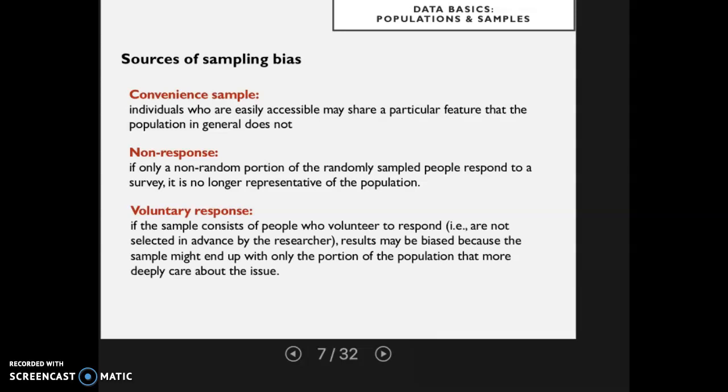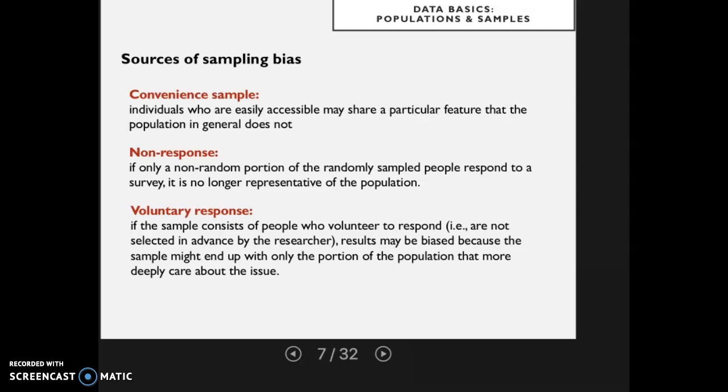Voluntary response. This is another one that can cause sampling bias. If the sample consists of people who volunteer to respond, they're not even selected in advance by the researcher. That's different from non-response, because with non-response, the researcher has good intentions and tries to guarantee that the sample has similar percentages of people that the population has. But with voluntary response, you just send something out there.